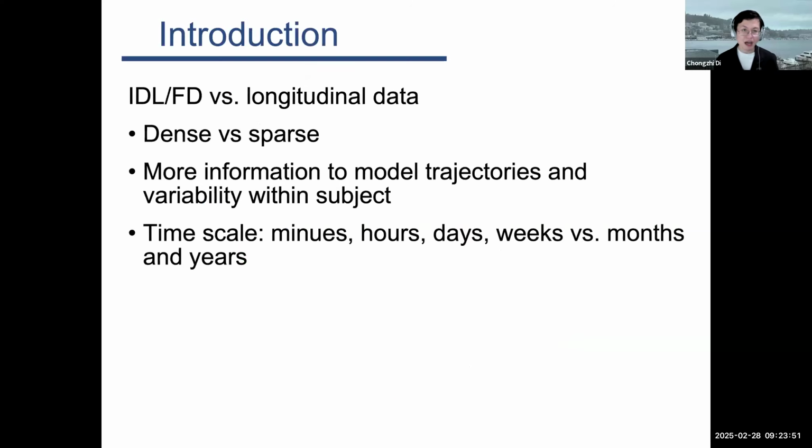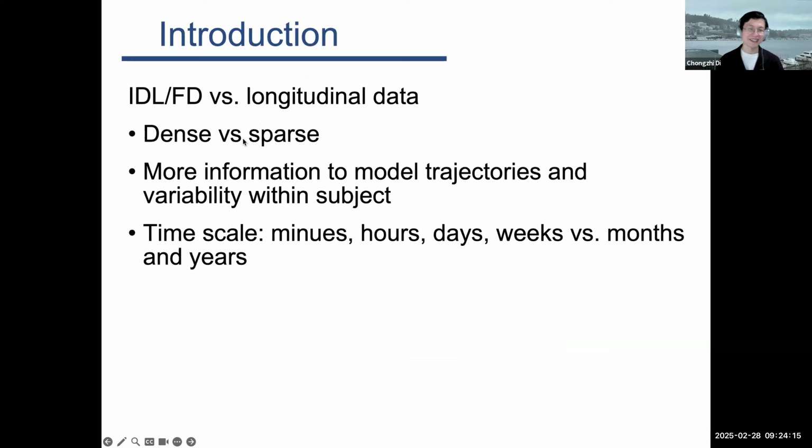So overall, I just gave you some examples. We can still view them as longitudinal data, but they are different from our typical sense of longitudinal data. The most obvious feature is dense versus sparse, right?